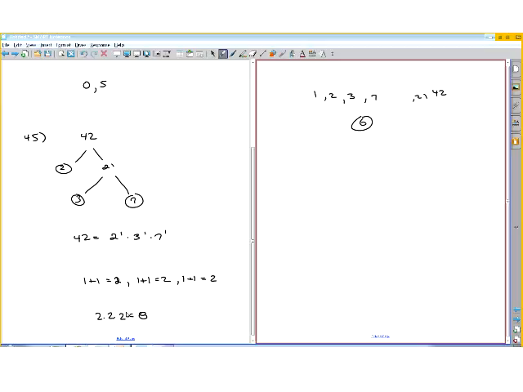Okay, let me just check here. I'm going to read the solution manual, see what I did wrong in my thought process here. So it says 8. Okay, so what am I missing out here?